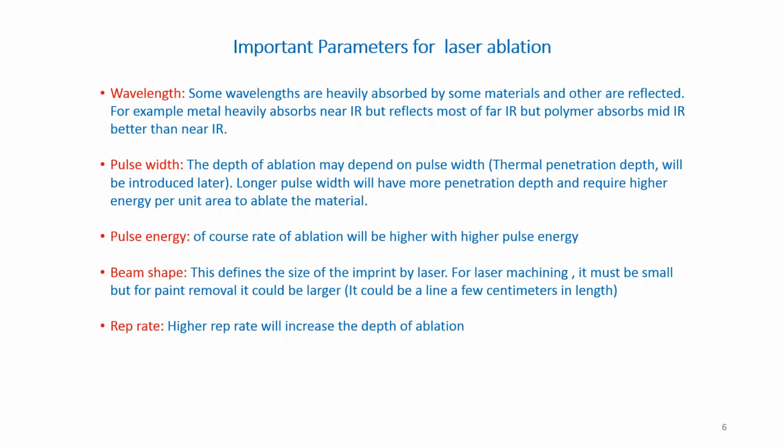But the paint heavily absorbs it. So the danger of damaging the metal substrate is minimal if you use a mid-IR laser for paint removal. And then there are other applications.